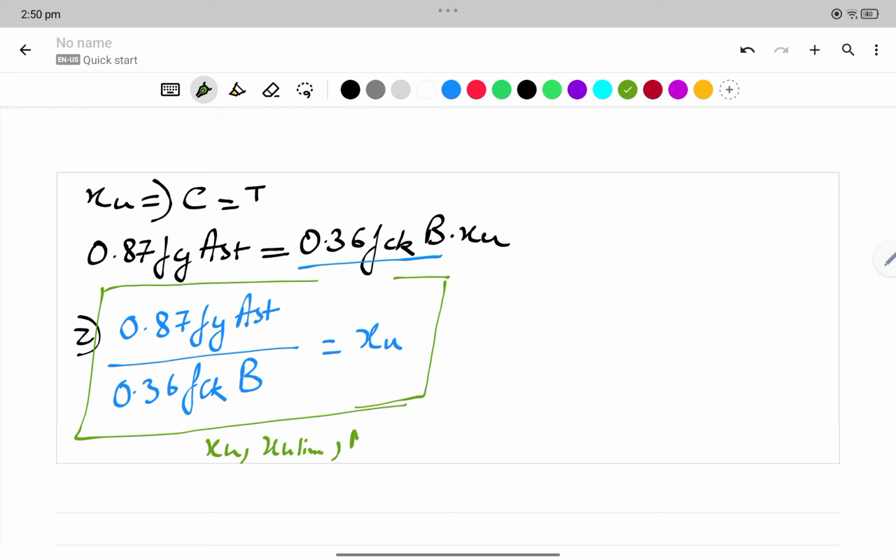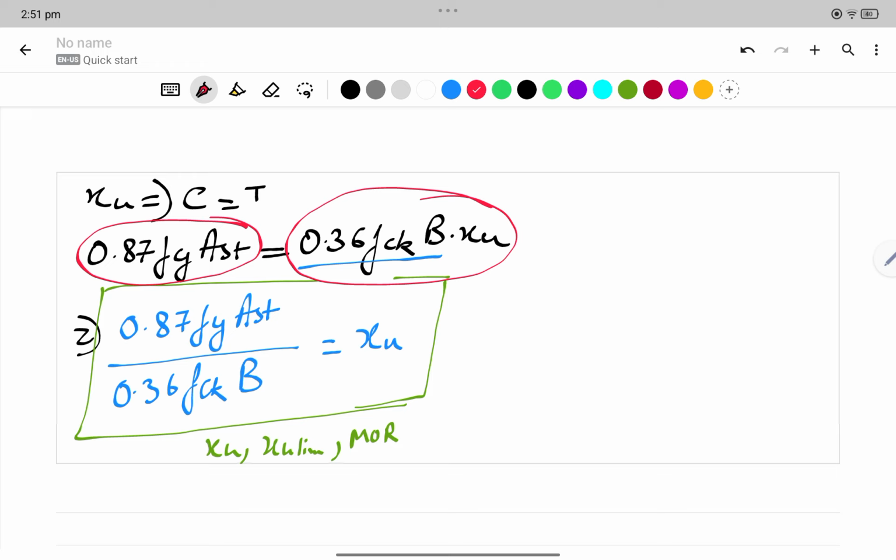Mainly in the numerical, we have to find the XU, the XU limiting, and the moment of resistance. What is the moment of resistance? The force into the lever arm. If we take out the moment of resistance from the compressive side, we will take the compressive force formula, and from the tensile side, we will take the tensile force formula. Once again, this is the compressive force and this is the tensile force.